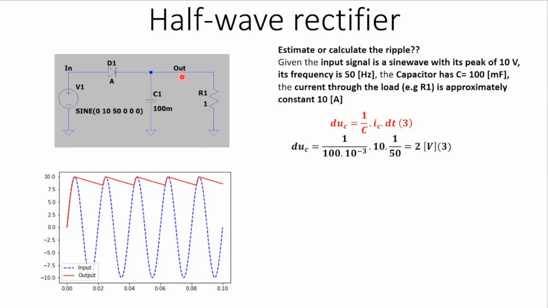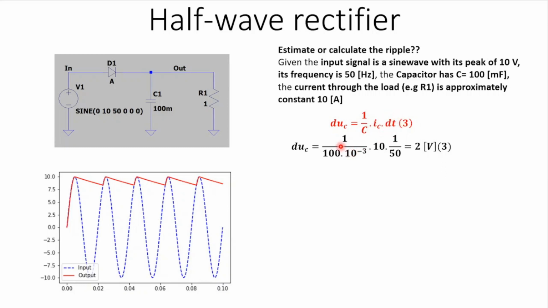That's why the current going through the load in the discharging process, 10 ampere, can be considered as the current going through the capacitor.